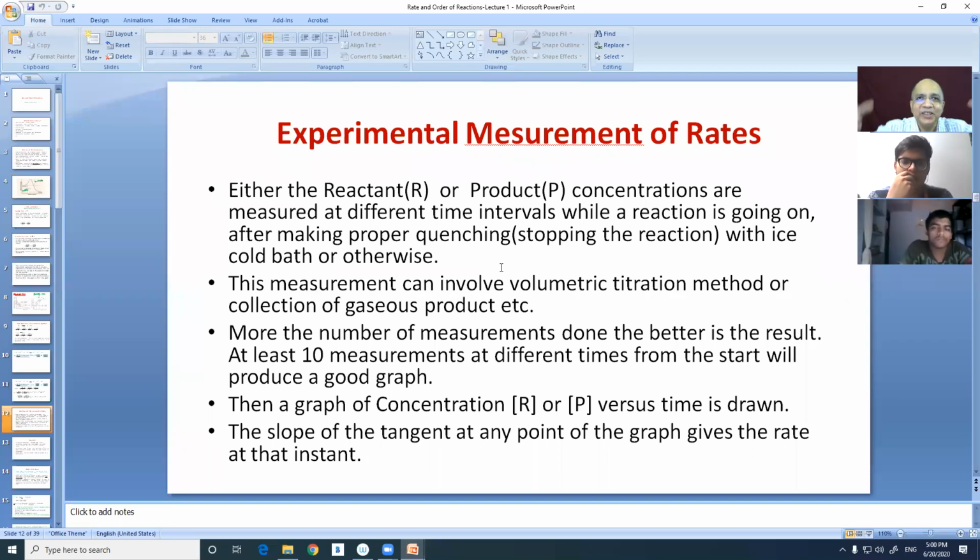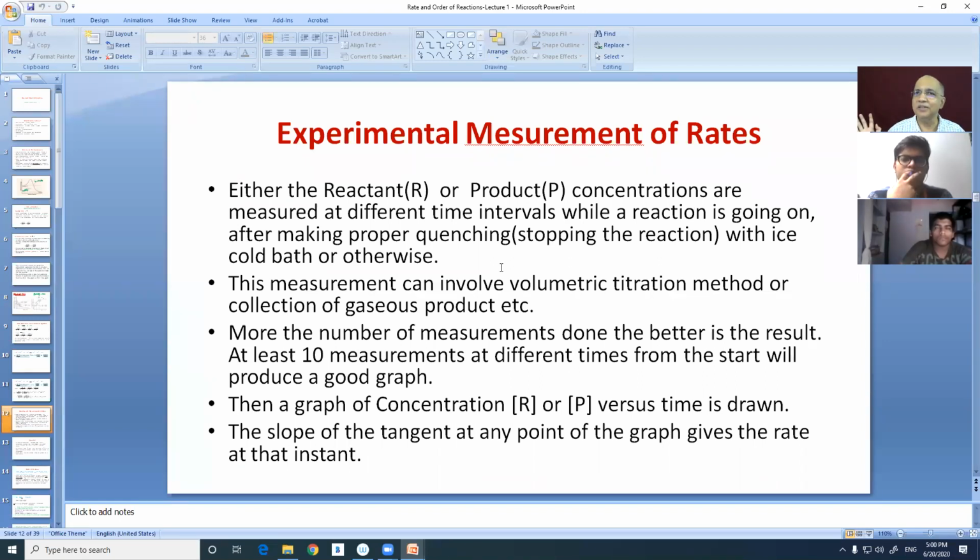So what they do, they take 10 test tubes, add an equal amount of the first reactant, then an equal amount of the second reactant. Then together at one time, they put them in a thermostatic bath, setting the temperature at a particular value.